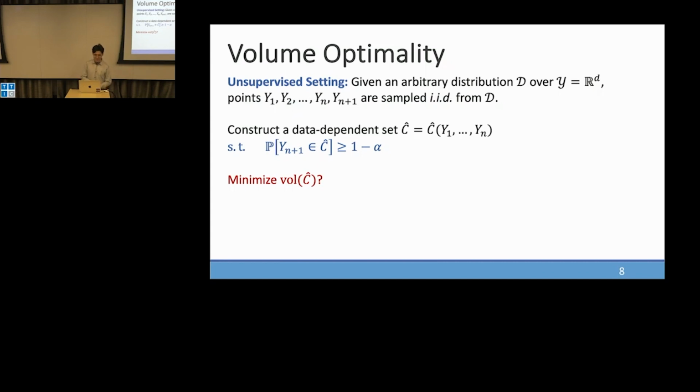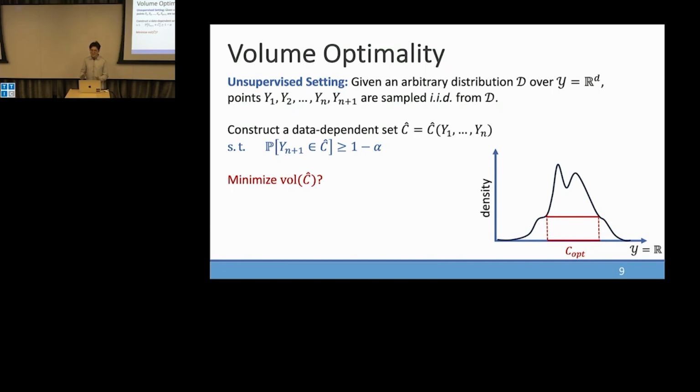Now the question is, we're trying to minimize the volume of this C hat, but the C hat depends on the history, so it's possibly a random variable. For now, let's think of D as some continuous distribution on the one-dimensional space.